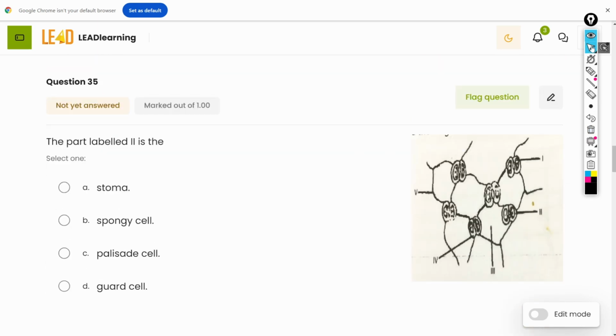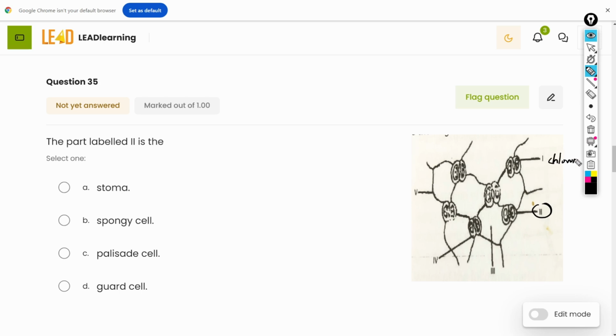Question 35. The part labeled 2. All right. Now, looking at this diagram carefully, the part labeled 1 is touching structures within the guard cell, and such structure is the chloroplast.